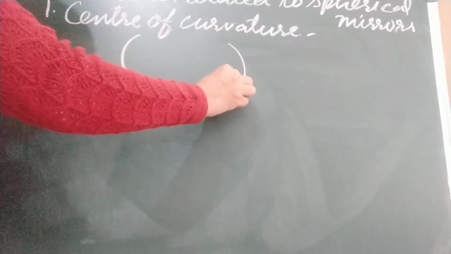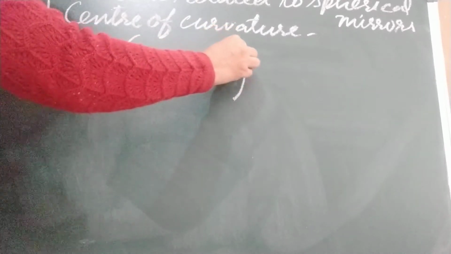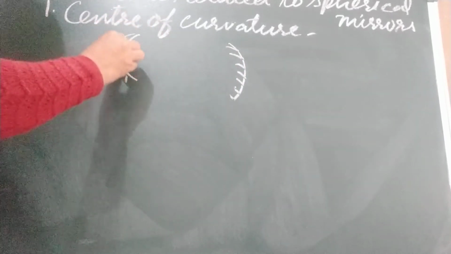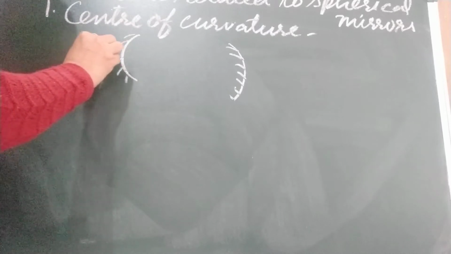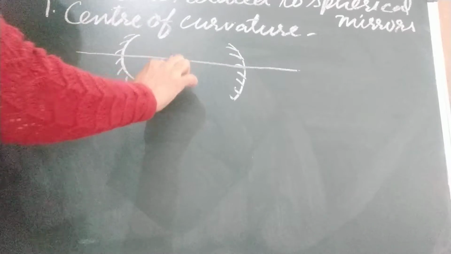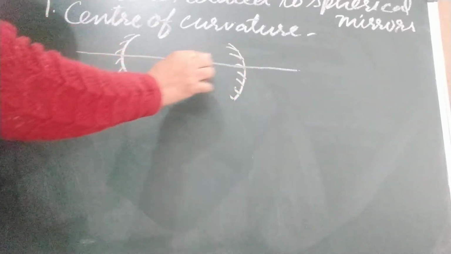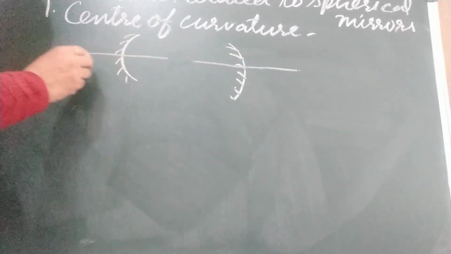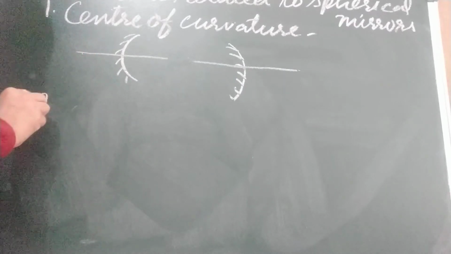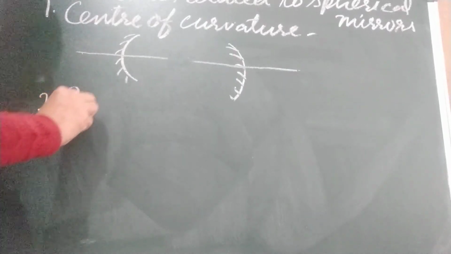I am drawing small ones of both the mirrors. This is convex and this is concave. And this line is called the principal axis. The line which is passing through the center is called the principal axis. Second is the principal axis.